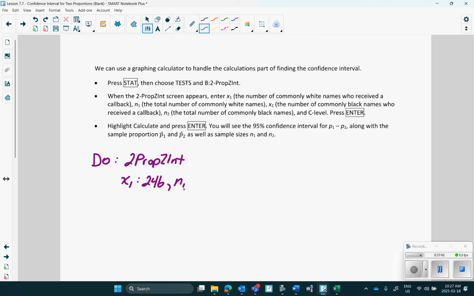The sample size of the commonly white named resumes, 2445. The number of black names that received callbacks, 164. The sample size for the black resumes, 2445. And then C level as a decimal, 0.95.